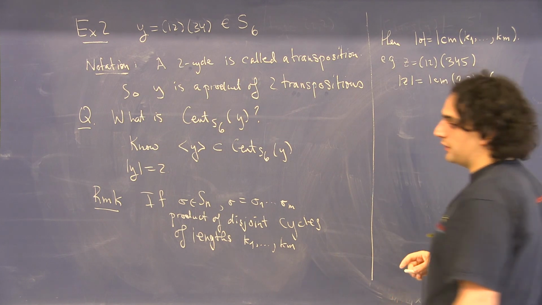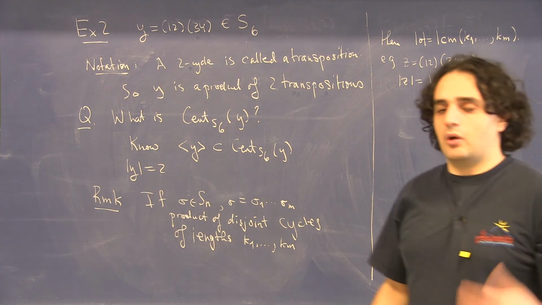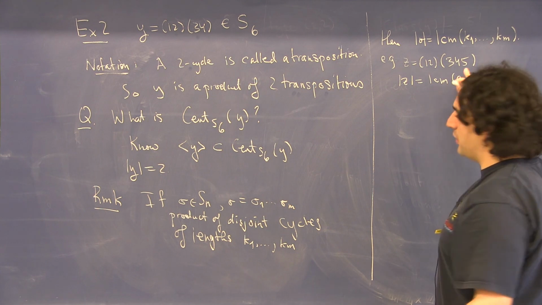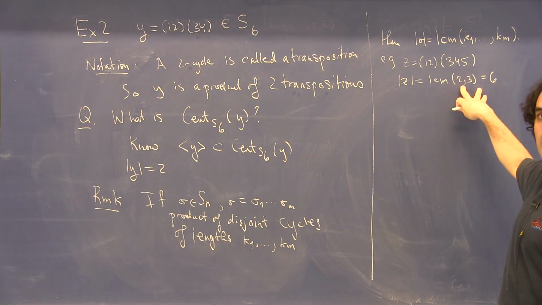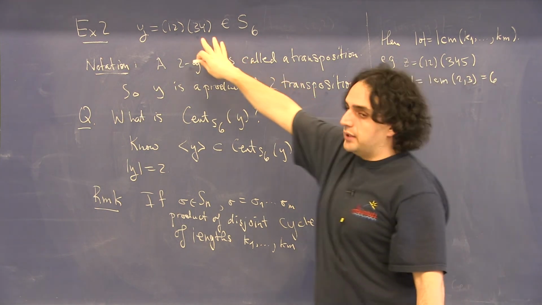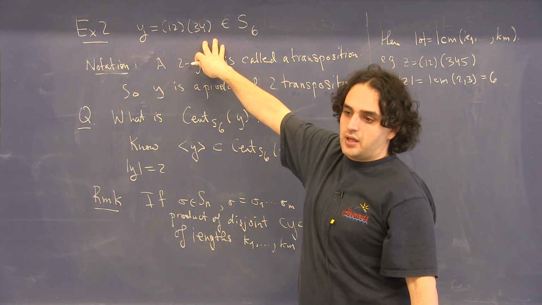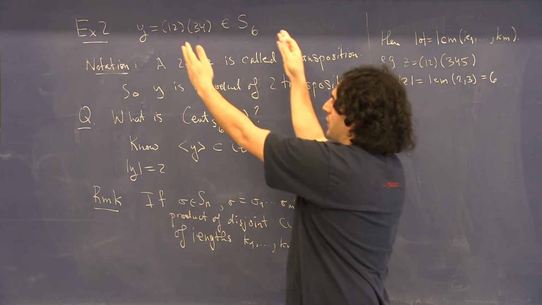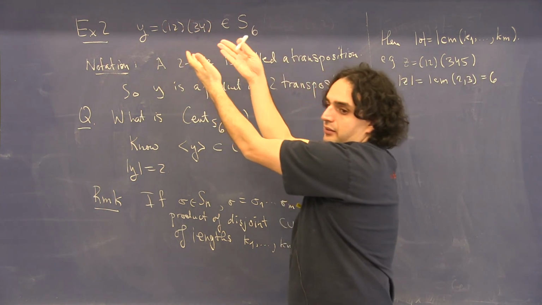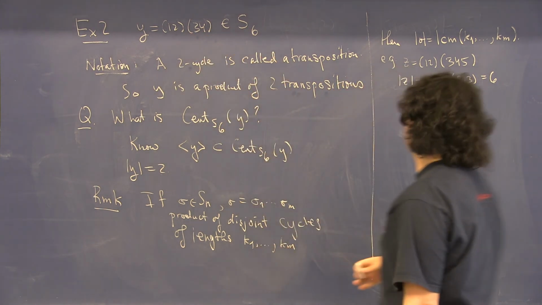It would be 6. And a word of caution, here we have somehow two extremes. Here they are relatively prime, our cycle lengths. Here the cycle lengths are the same. So here you just multiply the orders for the least common multiple. Here it's just the common length of them that is the common multiple.